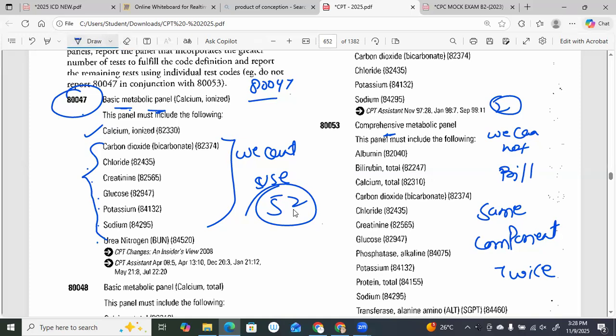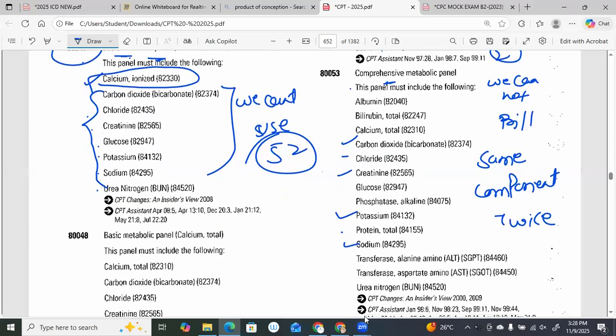Except for calcium ionized, everything is covered in the comprehensive metabolic panel: carbon dioxide, chloride, creatinine, potassium, sodium, and BUN. Everything apart from calcium ionized is already covered.